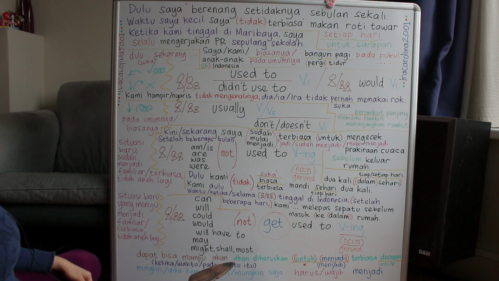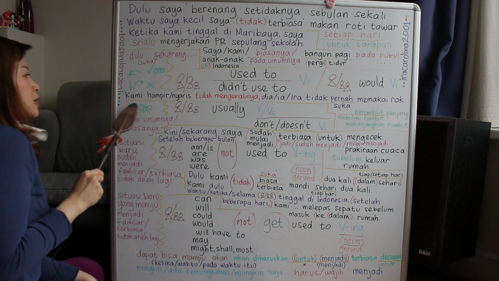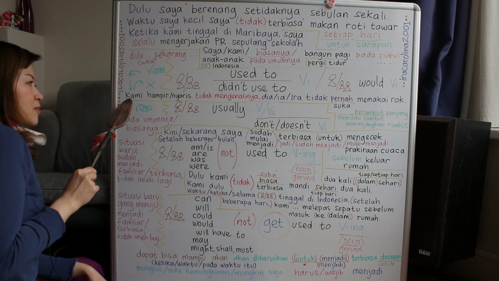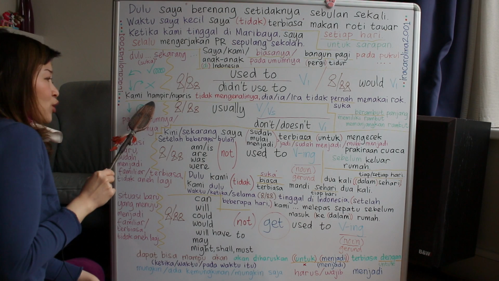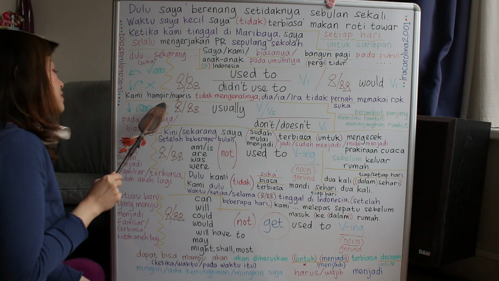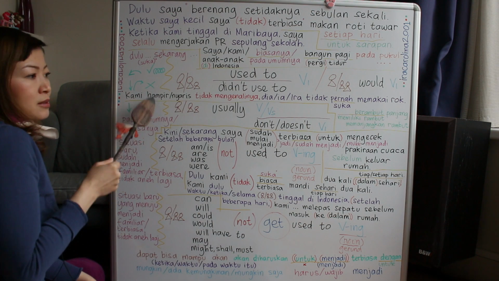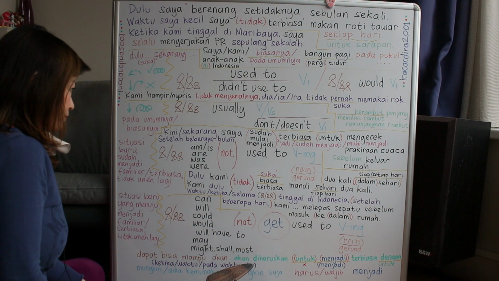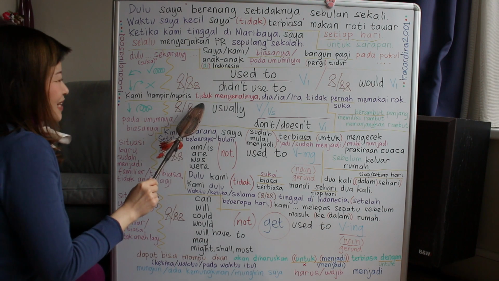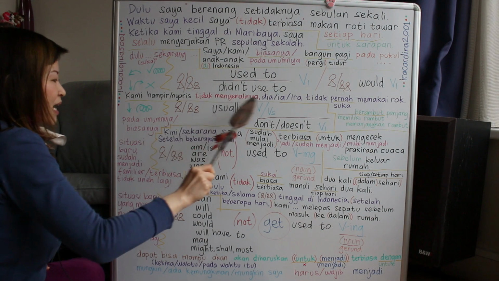And now, we will do this one. Kami, we, hampir or nyaris, almost, can be hampir or nyaris. Tidak, no or not, mengenalinya.